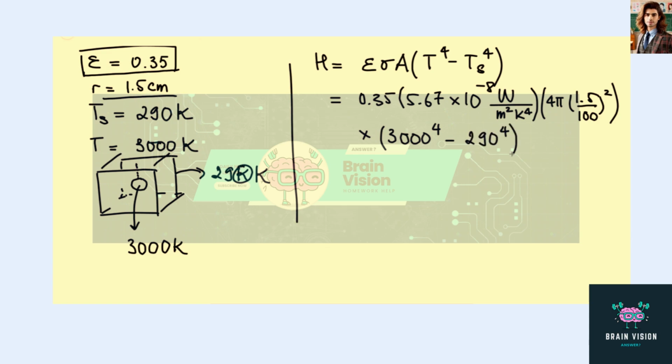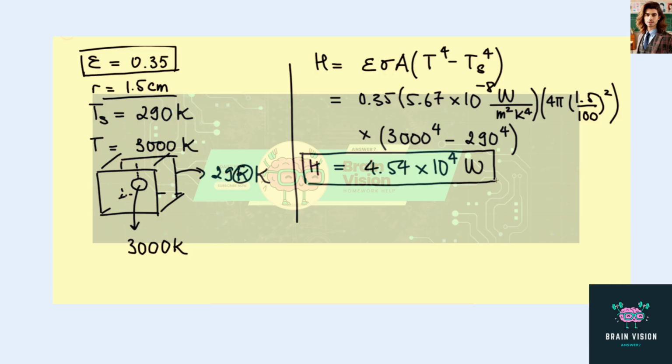And if you plug in numbers, you would get 4.54 times 10 to the fourth. So here is the power that has to be applied to the tungsten sphere in order to maintain its temperature.